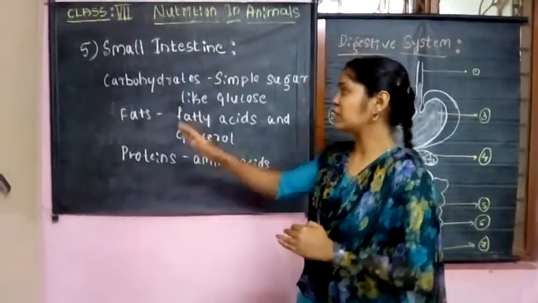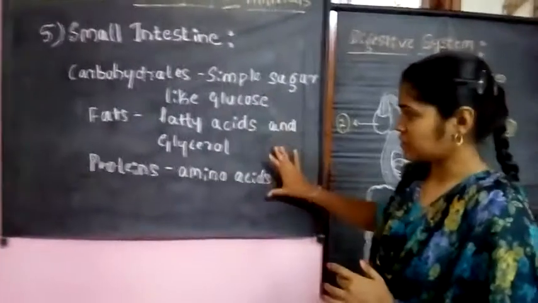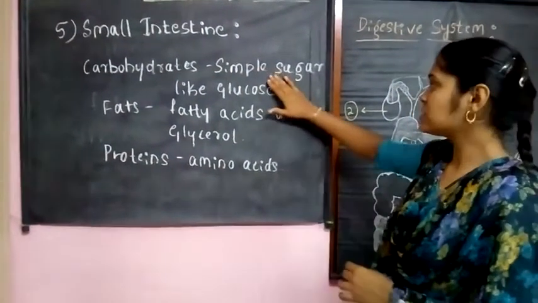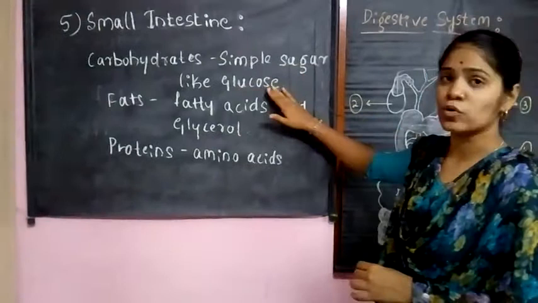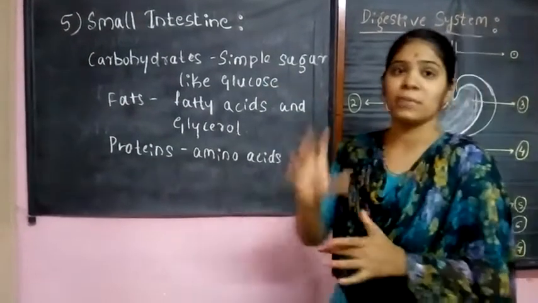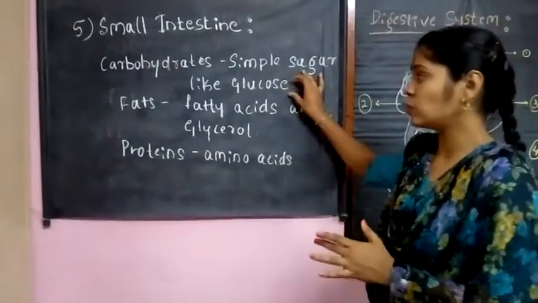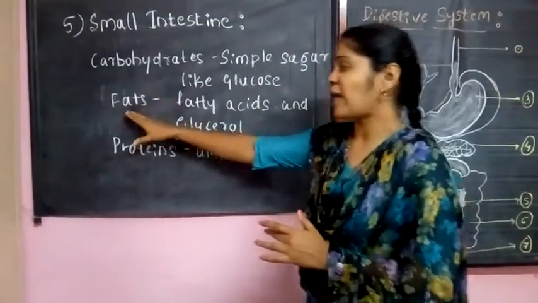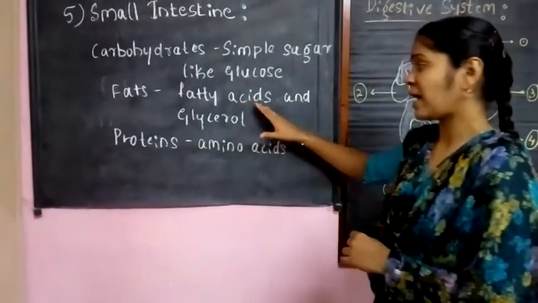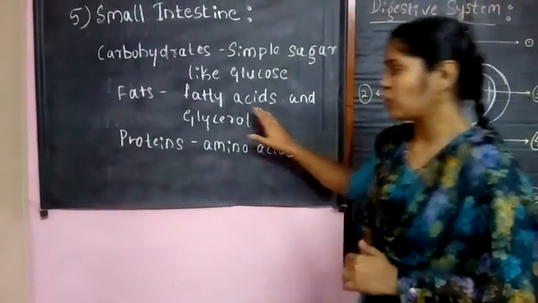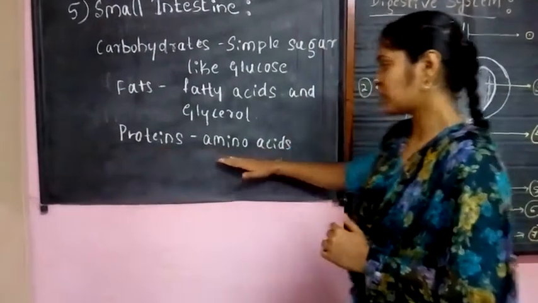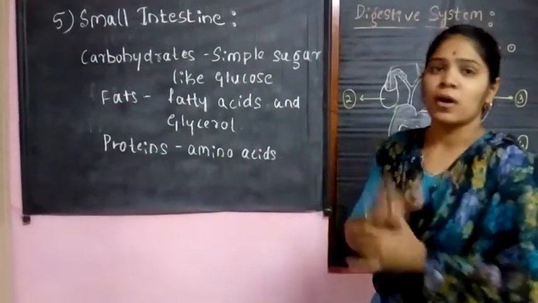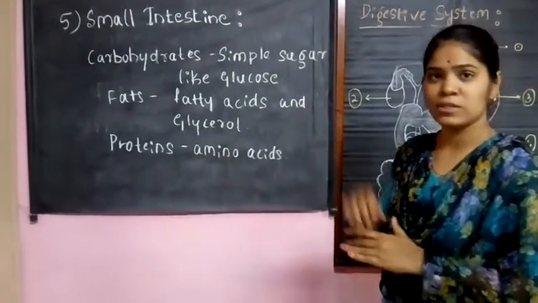They are converted into simpler substances: carbohydrates are converted into simple sugars like glucose, which is digested in our body. Fats are converted into fatty acids and glycerol, and proteins are converted into amino acids. So all the complex compounds are converted into simpler substances.